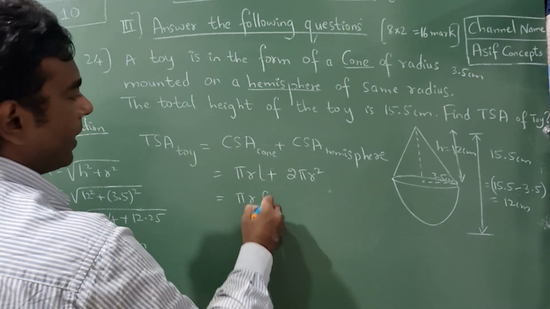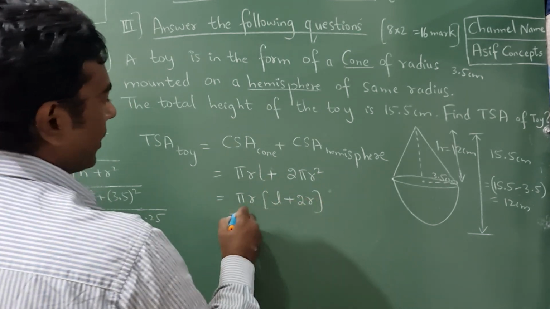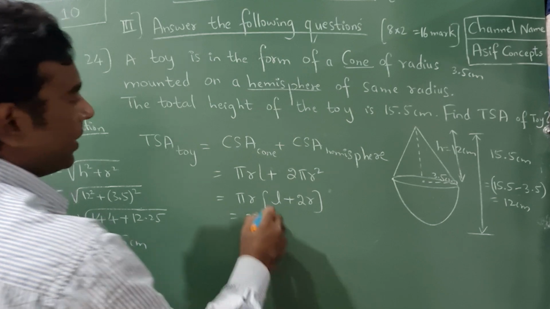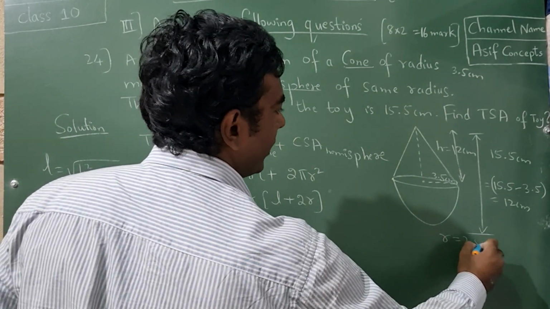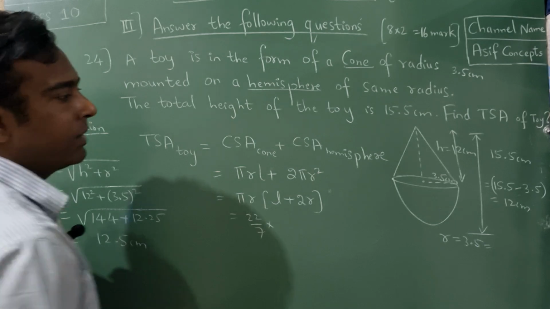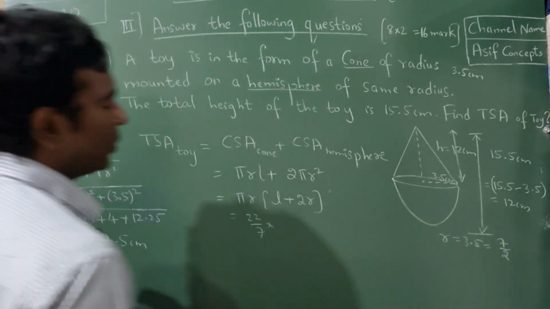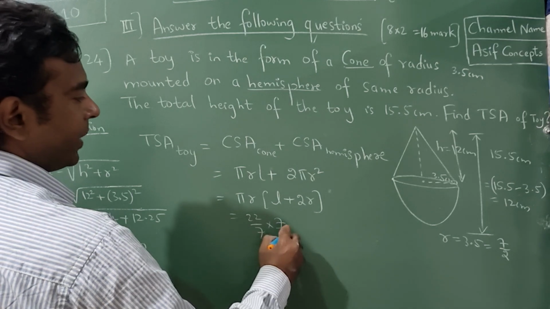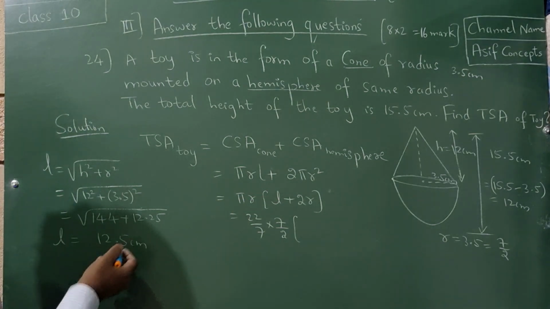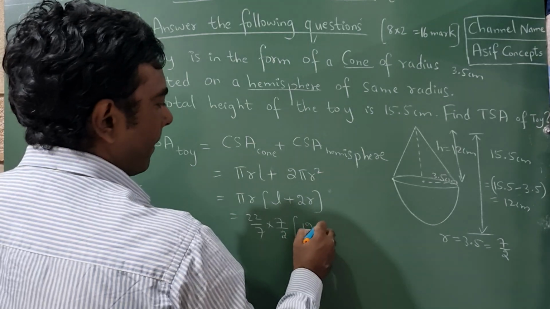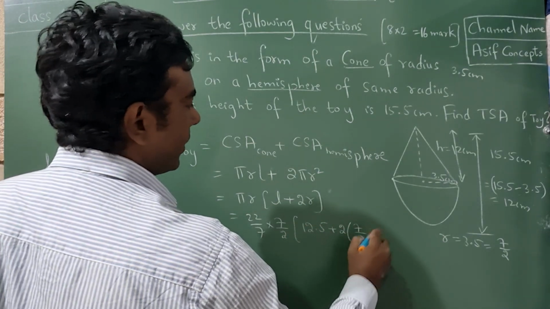Okay. Now here, what is common? It is pi r. So L plus 2r. So pi is 22/7. R value is how much? R is 3.5. I don't want to write that in the decimal. I'll write it in the fraction, that is 7/2. Now here, how much? 12.5 plus 2 into radius is 7/2.